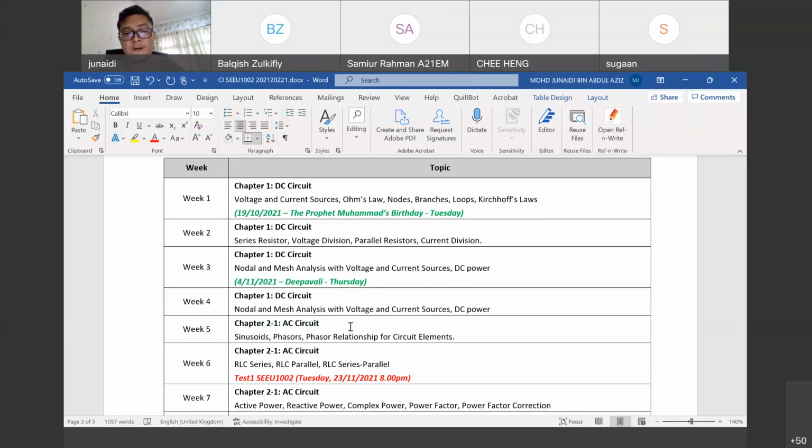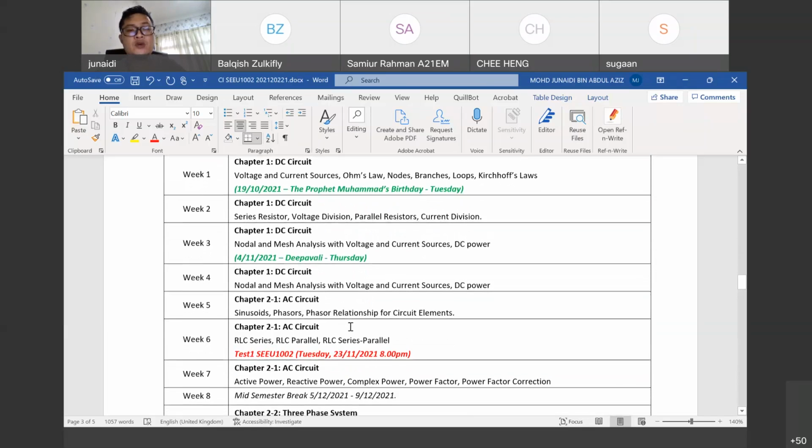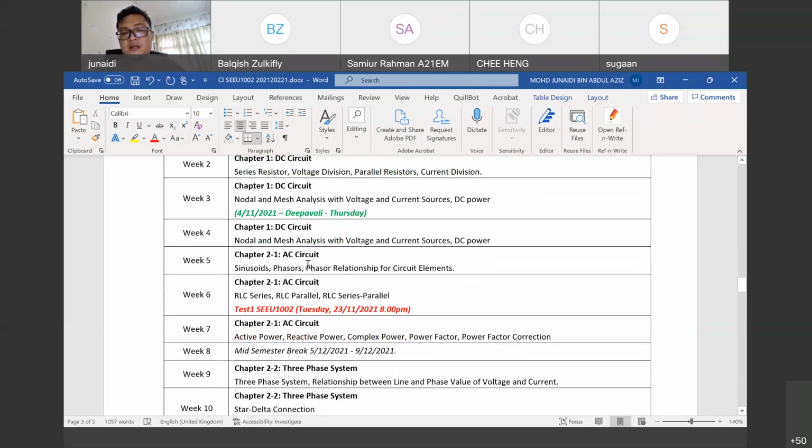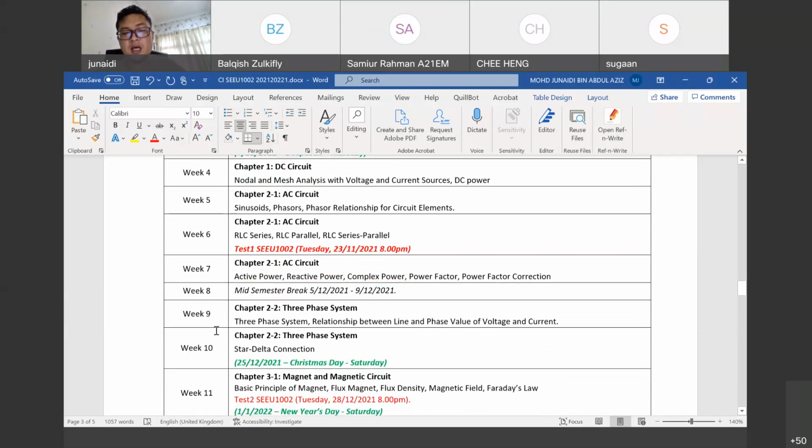Okay, and then for week 5, we move to AC circuits. Weeks 5, 6, 7 until the mid semester is for AC circuit, single phase. And after that, we move to 3-phase system. So what is single phase? What is 3-phase? Basically, single phase and 3-phase are AC systems.